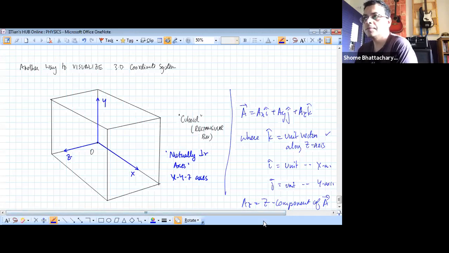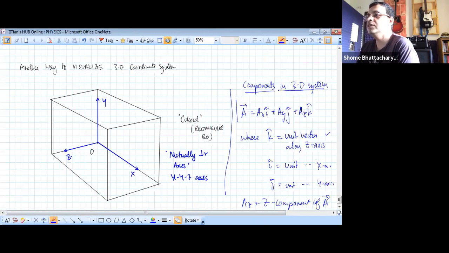Okay, so hope this is clear, people. Just make a note of this. So this is components in three-dimensional system.